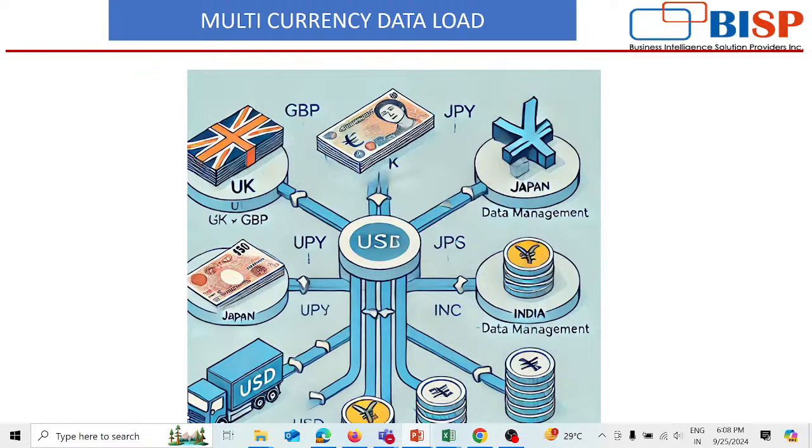So how would the data management take place? In step 1, data from all the branches will be imported into the system in their local currencies, that is GBP, yen, euro, INR. Then in step 2, the system will use the exchange rate table to convert the booking amounts into USD based on the booking dates.